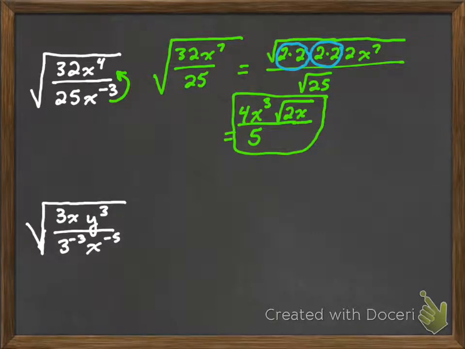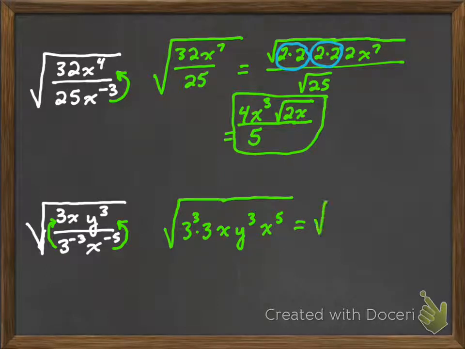All right, so on the next one, we have negative exponents, so we move these to the numerator. So when we move this to the numerator, this is going to become 3 to the third times 3. Then we have x, and we have y to the third, and we need to move this x also to the numerator, which makes it x to the 5th power.